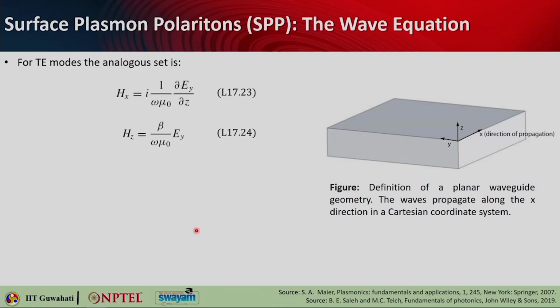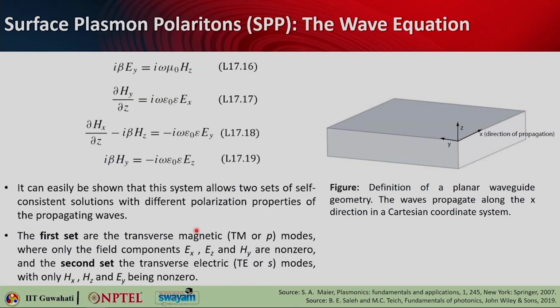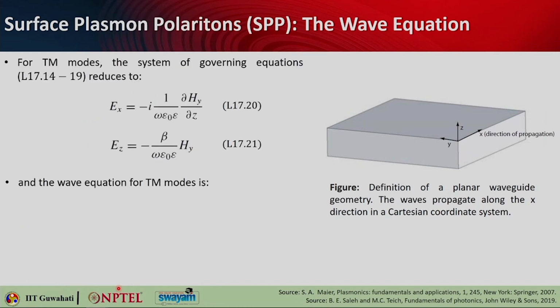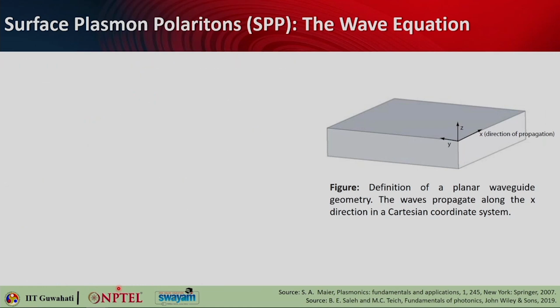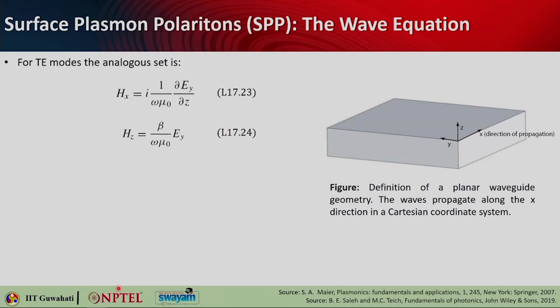Now, the TE modes have an analogous set. Again, remember in TE these are the components which are non-zero: Hx, Hz and Ey. Take those 6 equations and put only these 3 as non-zero, and you will be left with these 2 equations, and that will also give you the TE mode wave equation to be this one.